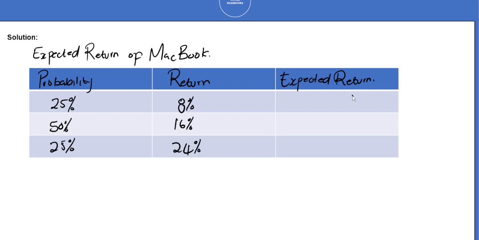So how do we find the expected return? Well, that is very easy. You will just multiply your probability and your return. Now, this is very easy, right? I promise you. But what most people struggle with is rounding off, is conversion, because most of us don't really do these mathematics things daily in our lives, right?